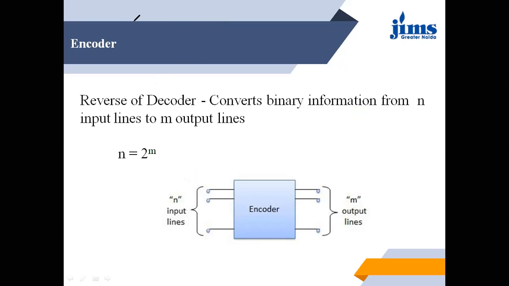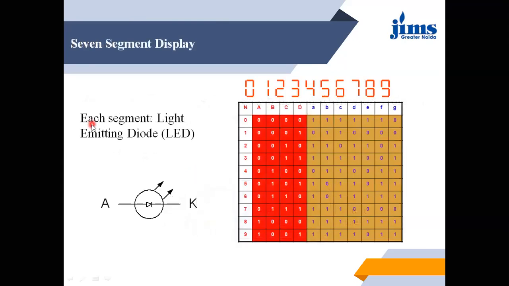Now we will see what is left over here. I think this is the last slide we have to discuss today. This is a 7-segment display. This 7-segment display is used to display any digit from 0 to 9.